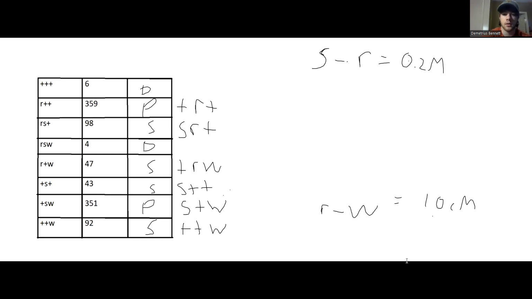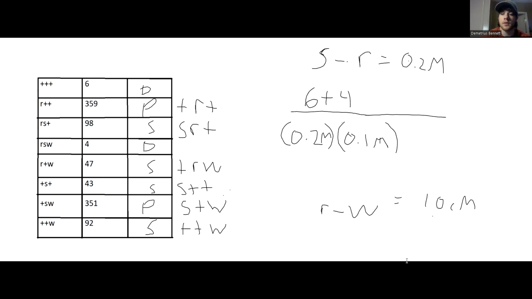All right, first take your total double crossovers. Then we're going to divide that by 0.2 morgans times 0.1 times the total number of individuals.